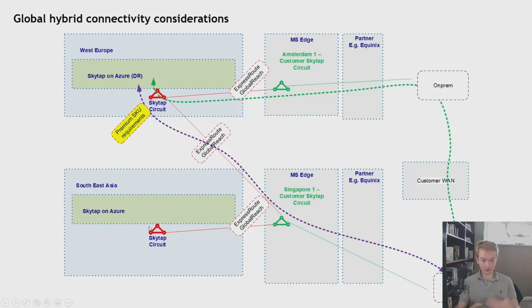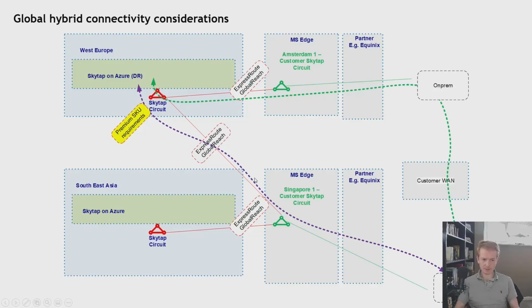So Skytap on Azure in multiple regions, and they've got the same thing replicated: Skytap circuit, GlobalReach to a circuit in Singapore, back to on-prem. But the question might be, well, what if my West Europe region goes down? How do I then get to Southeast Asia or vice versa?